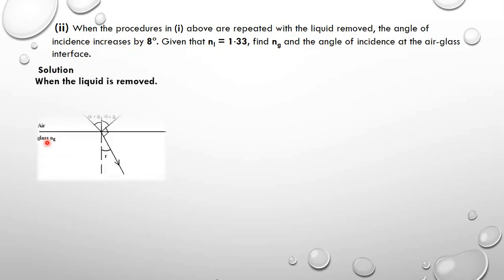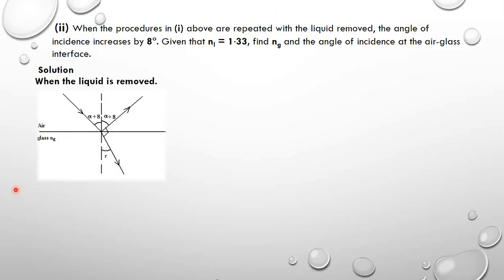This is the illustration. So the angle of incidence is now alpha plus 8. Angle of refraction remains r, and then this is still 90. So we are removing the liquid, and then we shall remain with air.